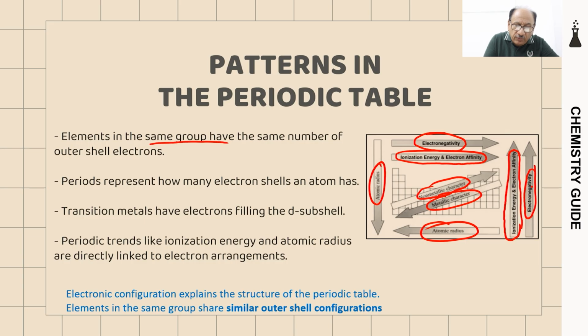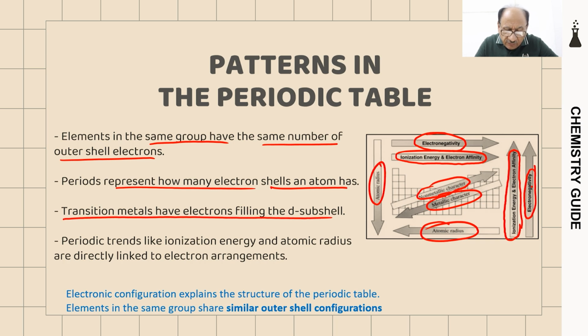Elements in the same group have the same number of outer shell electrons. Periods represent how many electron shells an atom has, and transition metals have electrons filling the d subshell. Periodic trends like ionization energy and atomic radius are directly linked to electron arrangements.